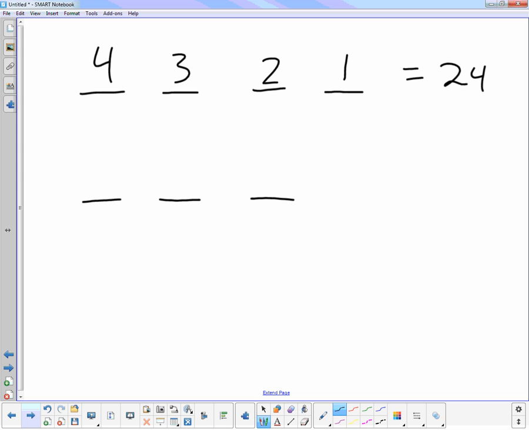Here, I still have 4 choices for my first letter, 3 choices for the second, and 2 choices for the last one. See, the last one was predetermined the second I get that third space, because now I've only got 1 left. So this is why we still have 24 items.